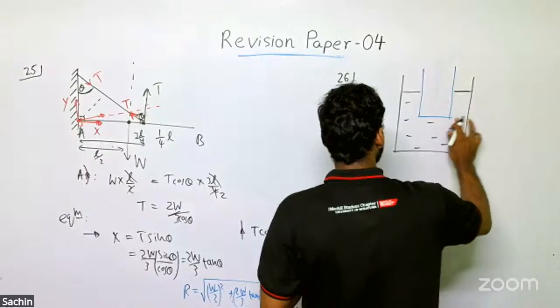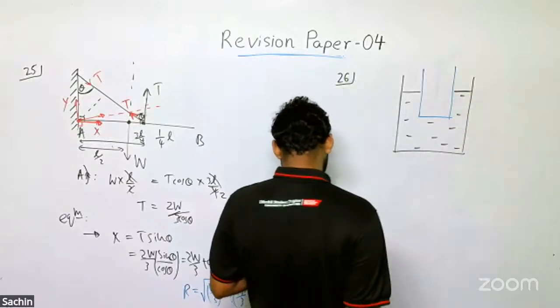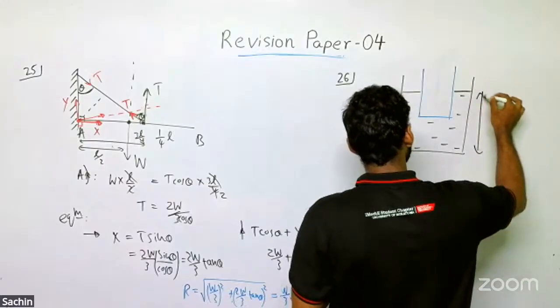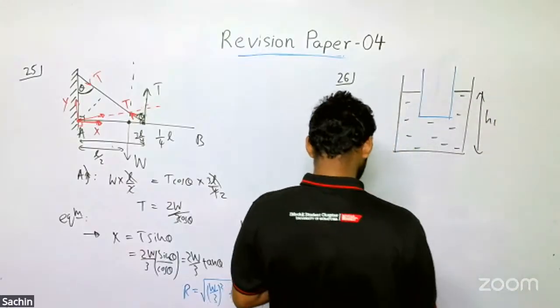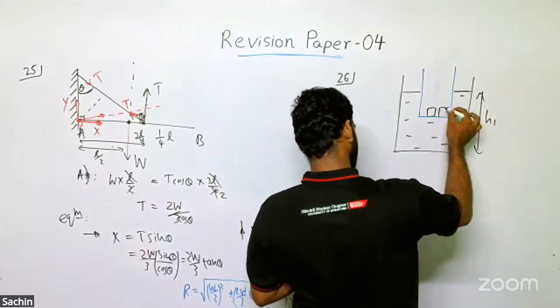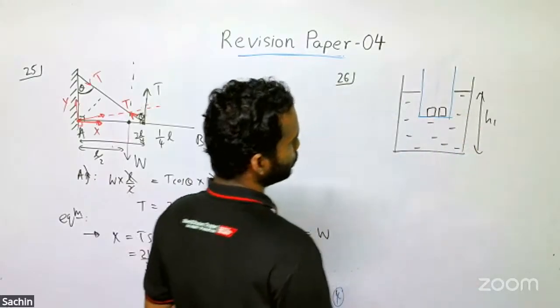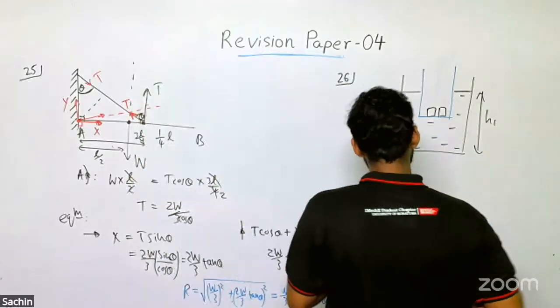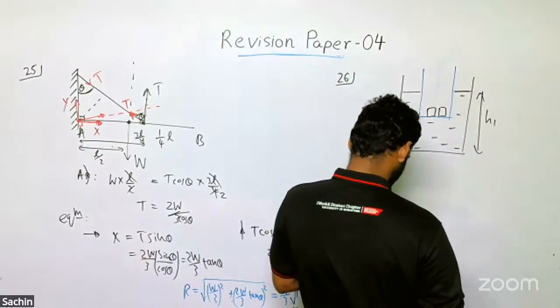This is how it looks before keeping masses. That is given in the first one. That is the level H1. And in B, both masses are placed on the inner vessel. That means what should happen?